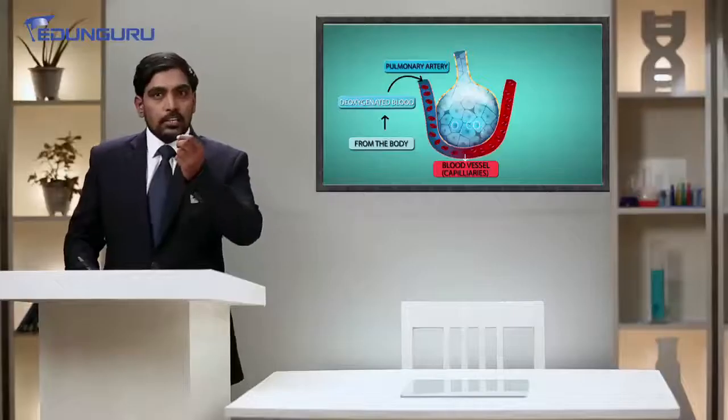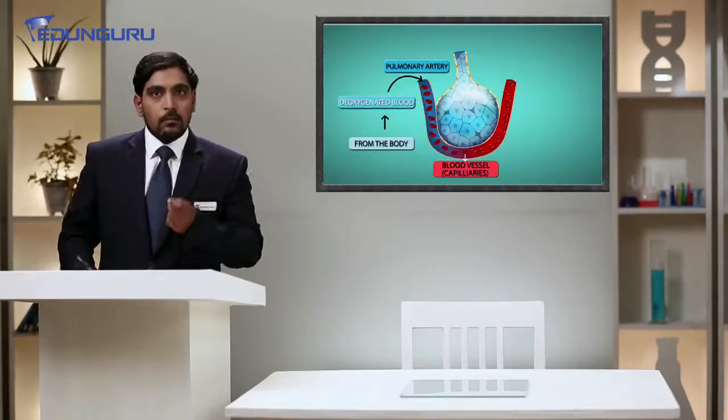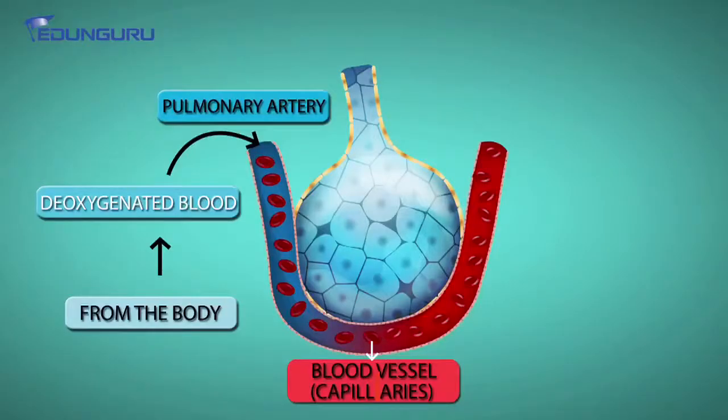Harpreet, can you answer? The oxygenated blood is transported in our entire body by the help of what? Sir, the oxygenated blood is carried from the lungs via the pulmonary veins to the left atrium. Very good. But here, you need to understand one thing. There is a pulmonary vein.